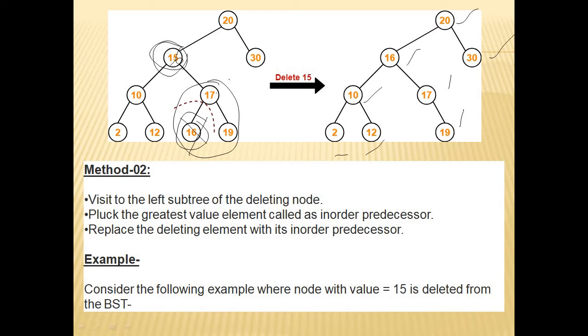Here what we are doing is visiting the left subtree. In method 1 we did the right one, now we are doing the left one. Visit the left subtree of the deleting node and pluck the greatest value element, called the in-order predecessor. So we need to find the greatest value and replace the deleting element with its in-order predecessor. Assume I want to delete the same 15.